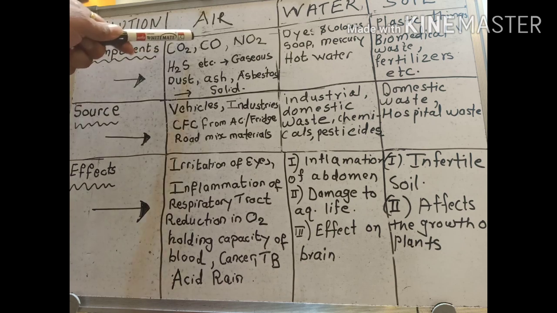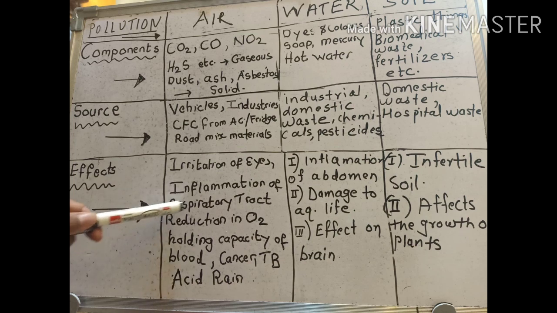Now I was speaking to you about carbon monoxide. Carbon monoxide, which is released from vehicles due to incomplete combustion of petrol, diesel, etc., and liberated in the fumes, has a big impact on the oxygen carrying capacity of our blood. What I mean to tell you is that if you keep on inhaling a good amount of carbon monoxide, it goes directly and affects the oxygen carrying capacity of the blood.